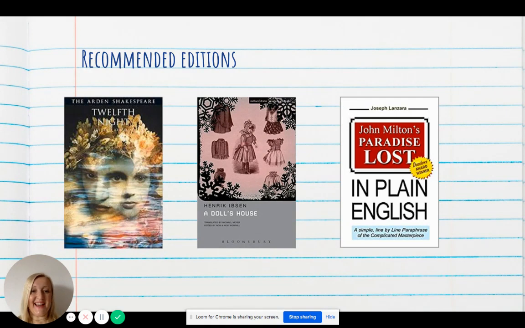Doll's House and Paradise Lost. And this one in plain English we recommend because it literally has what we might consider a translation. Don't let that put you off. These are amazing texts full of brilliant themes and ideas that you're going to enjoy discussing with us. Right, so those are your recommended editions.